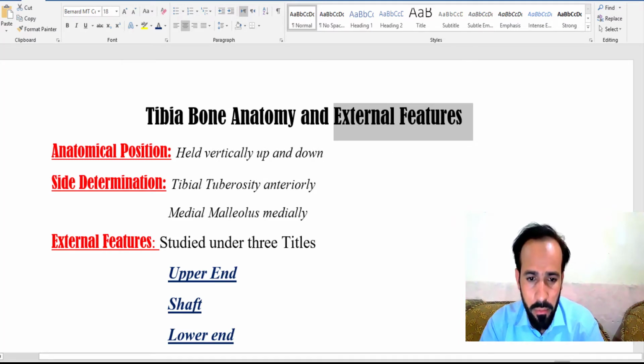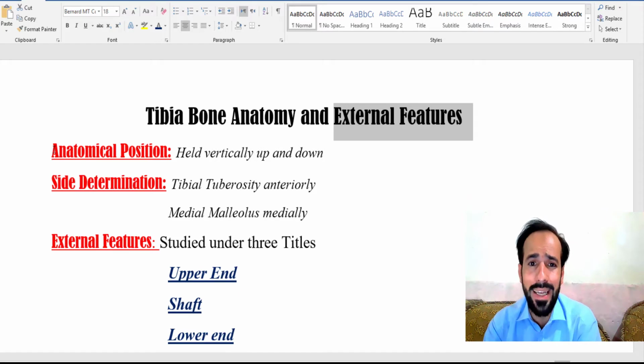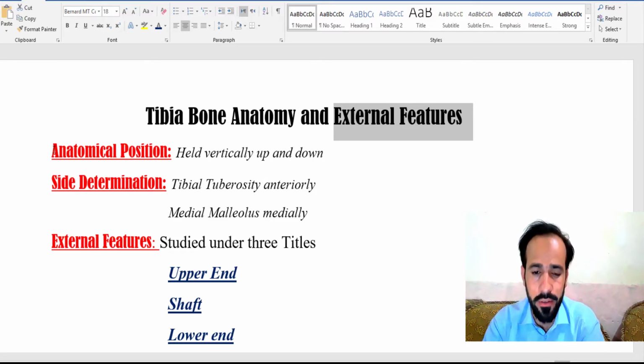Some important points about the tibia bone: first of all, its anatomical position, that is, how this tibial bone is located in the body. First of all, it is located in the leg, right? It is the bone of the leg. We have two bones in our leg. The anterior medial one is the tibia and the posterior lateral one is the fibula, right?